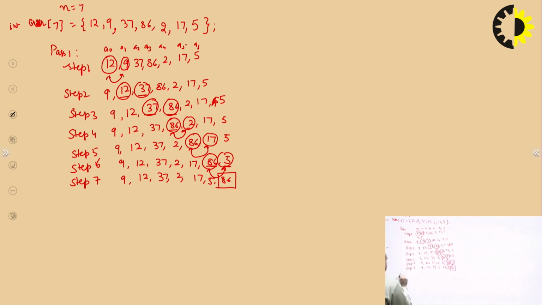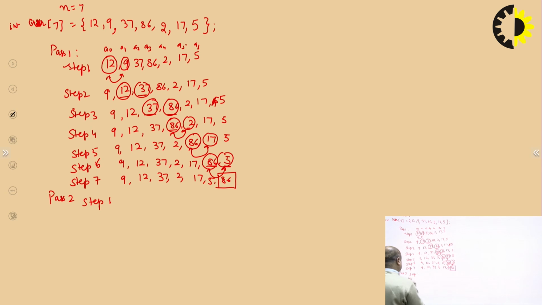Now, in pass 2, we will start these steps again, by leaving this element aside. We are not touching this element because the highest element has come out. We are doing the same steps again, and the number of steps will keep going down.